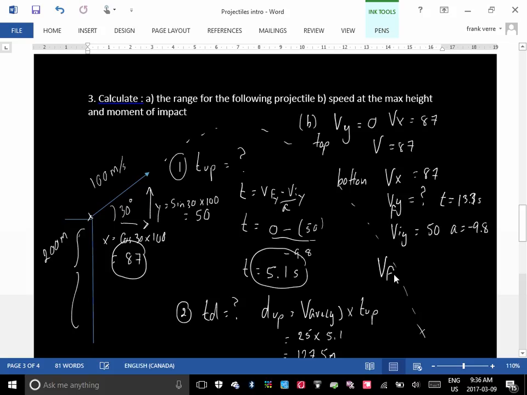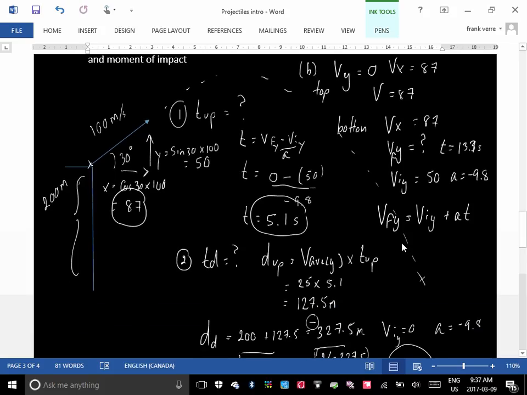Can we just use the acceleration formula? The final speed is the initial speed plus AT. That's the acceleration formula: VF equals VI plus AT. Now we can solve for VF because our initial speed is 50, our acceleration is negative 9.8, and our time is 13.3.